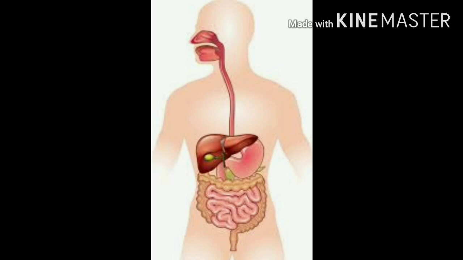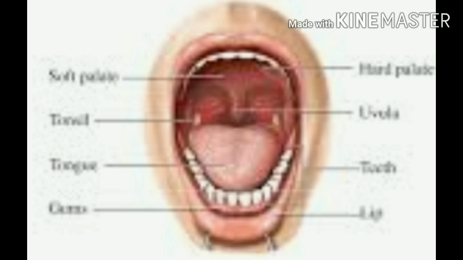The alimentary canal and the glands associated with digestion constitute the human digestive system. The alimentary canal in human beings extends from the mouth to the anus. The mouth consists of the oral cavity through which food is ingested. It is bounded by lips and cheeks and contains gums, teeth, a tongue and muscles.